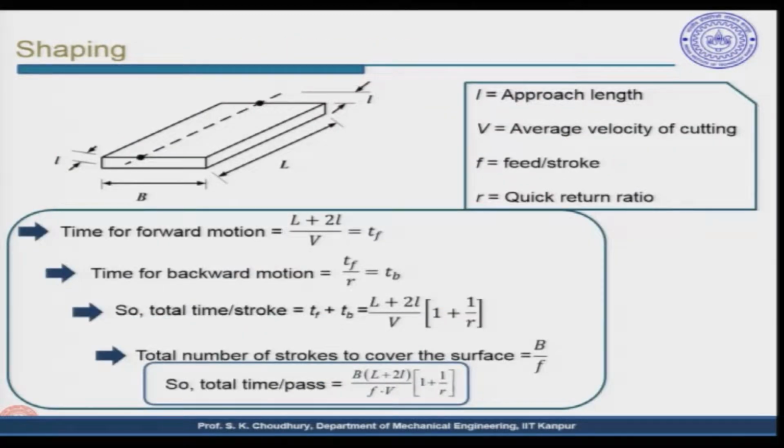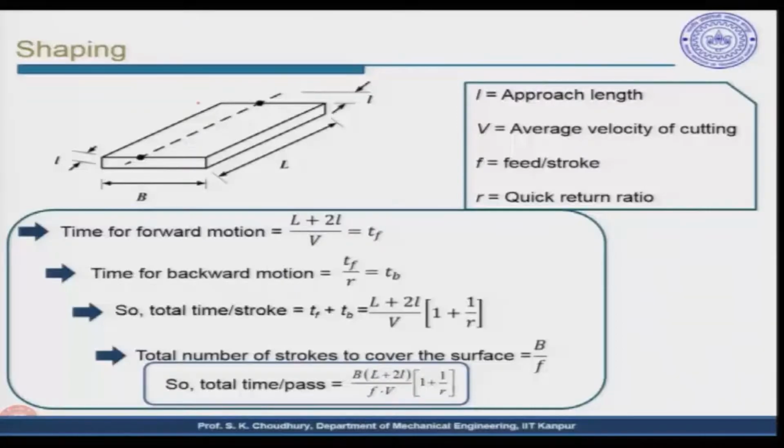Now, let us see how much time it takes for shaping a particular length and width of a part. Let us say we have a block, and this block has to be either shaped or produced by planing. Here the length is capital L, the width is B, the breadth.